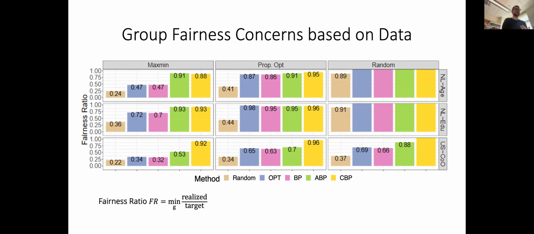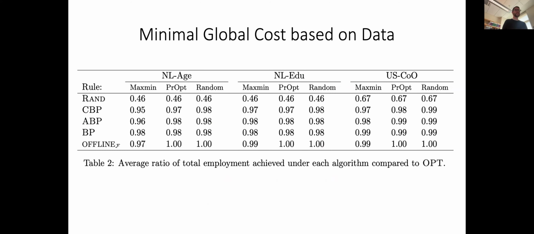Everything that I've said throughout this talk has been focused on the fairness, and I haven't really told you anything about the global efficiency in the data. So let me get to that now. In this table, I'm showing you 5 different possible assignments, and I'm comparing them all to an offline optimum that assigns all cases with no fairness constraints. The bottom one here is the offline method that assigns all cases with the fairness constraints.